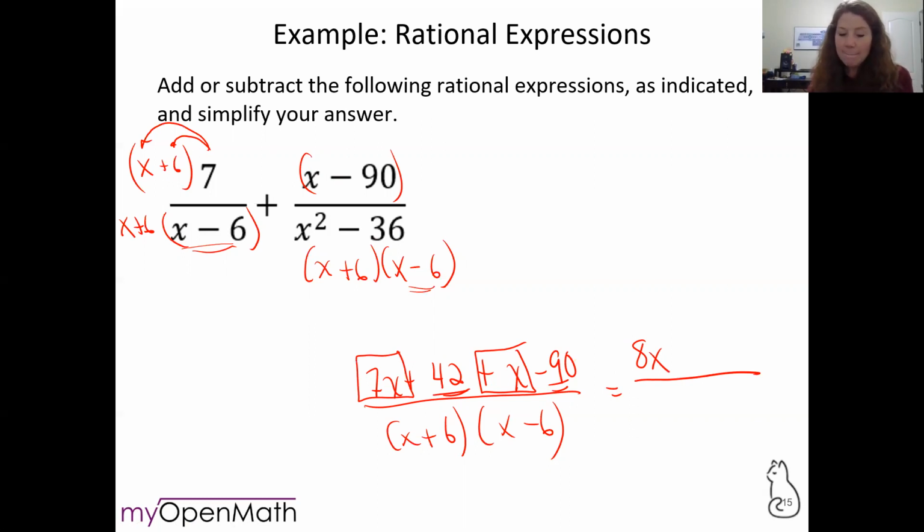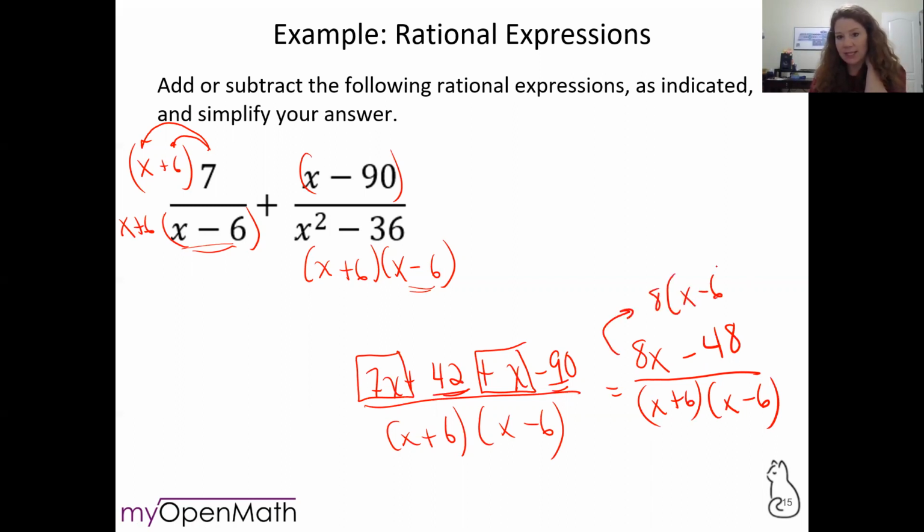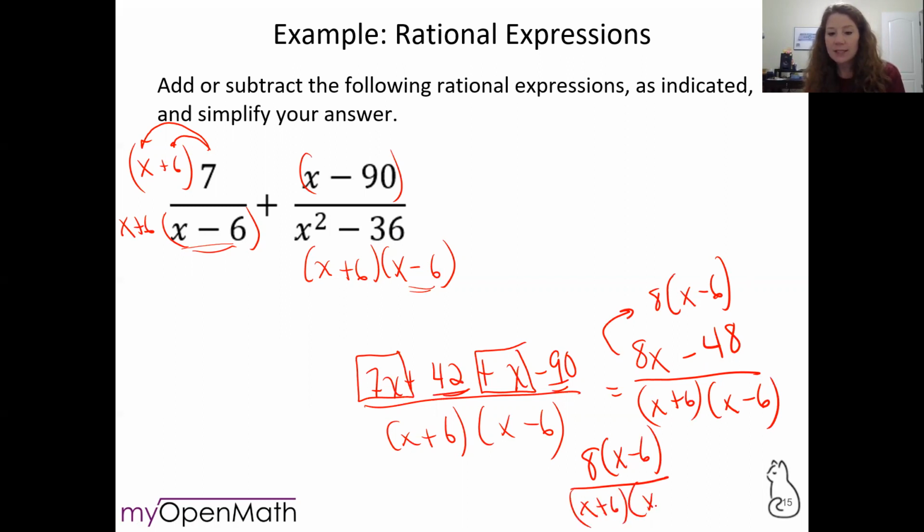That would be minus 48 over, well, I'm not quite done because I see that I can factor out an 8 right here. So 8 factored out of both of these is 8 times x minus 6 over x plus 6, x minus 6.